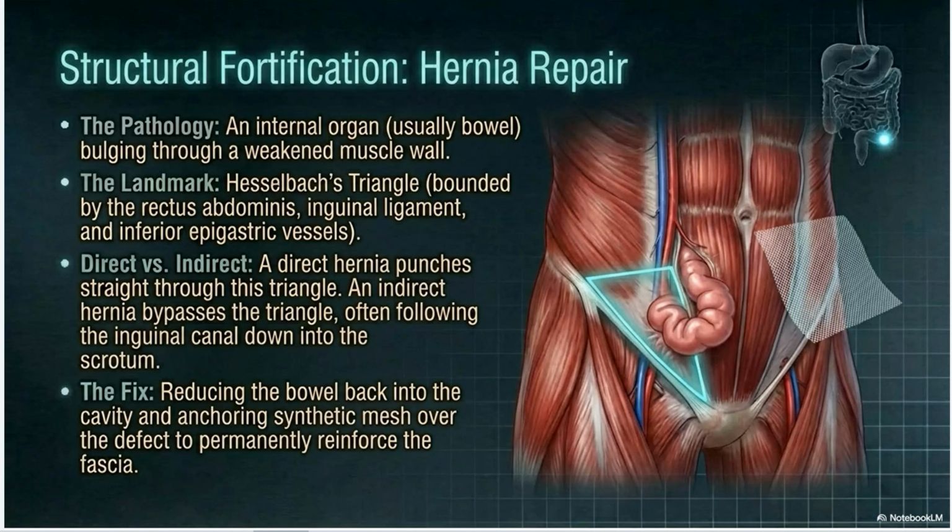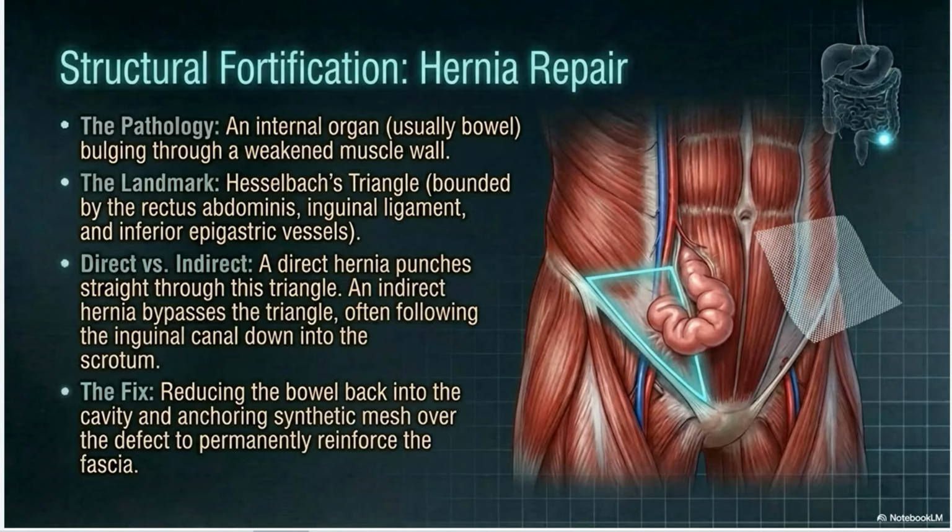One anatomical landmark often associated with inguinal hernias is Hasselbalch's triangle. This triangular region of the abdominal wall is naturally weaker than surrounding tissue. When abdominal pressure increases, structures such as fat or portions of the intestine may protrude through this weakened area.